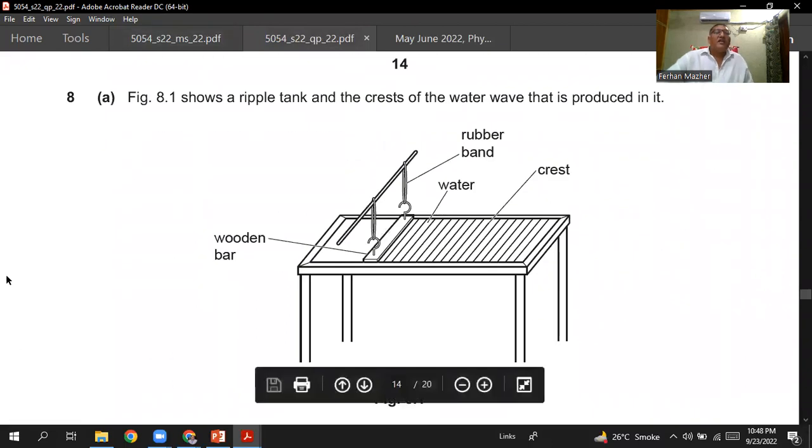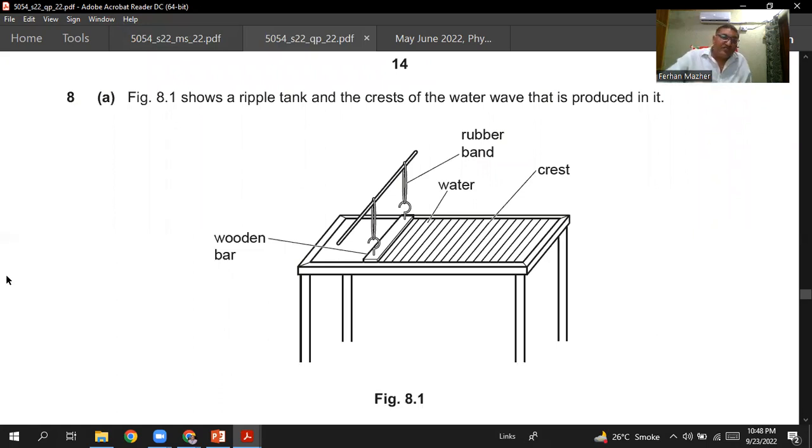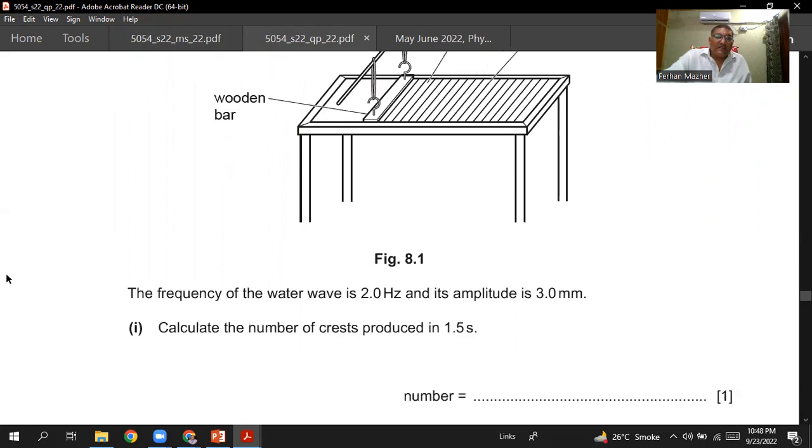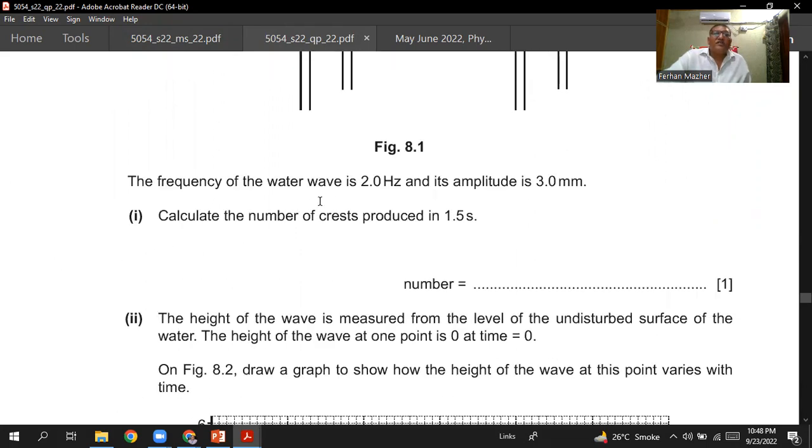He says, figure 8.1 shows a ripple tank and the crests of the water wave that is produced in it. The frequency of the water wave is 2 hertz and its amplitude is 3 millimeters. Calculate the number of crests produced in 1.5 seconds. I know the frequency.